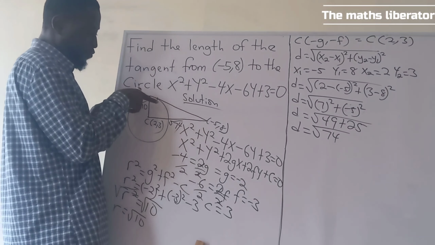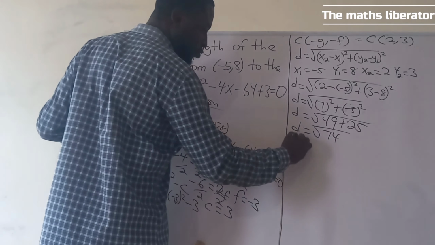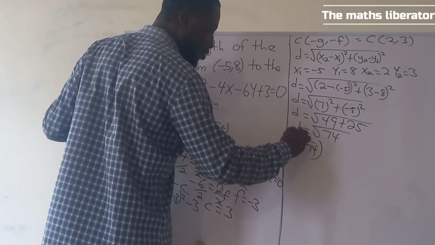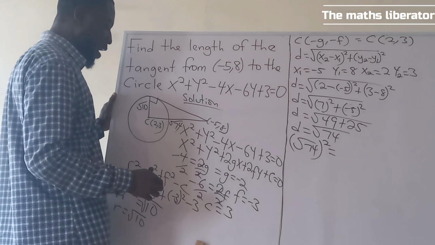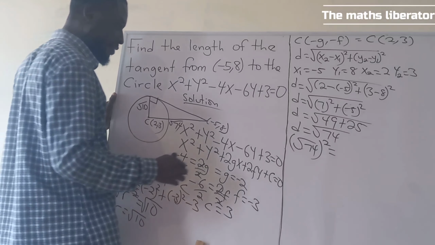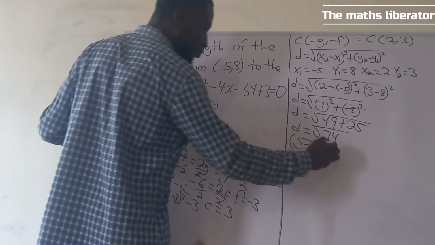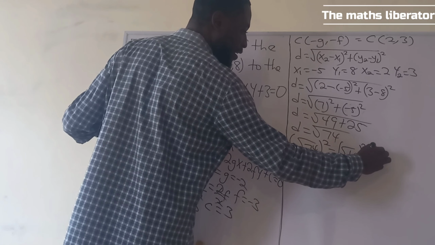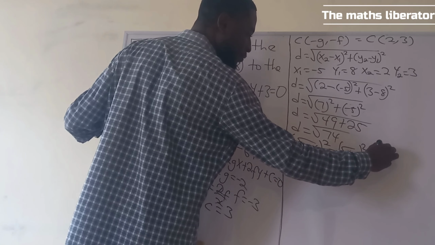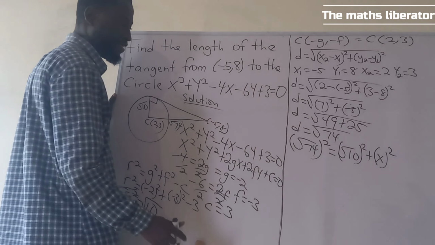So square root of 74, you square it, and equate it to the square of square root of 10 plus the square of this unknown side, which we represent by x.